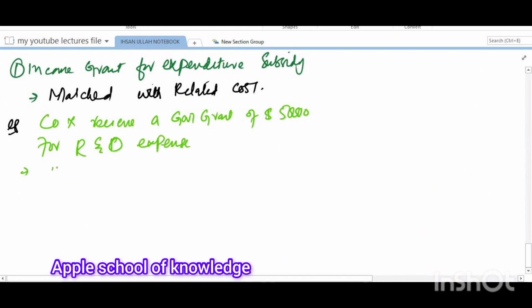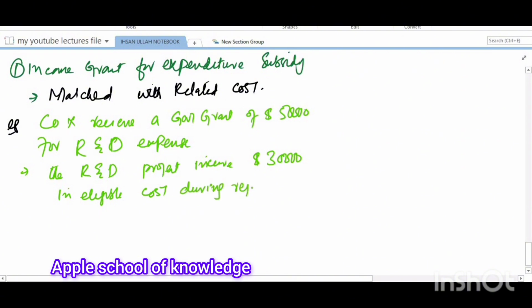Now, the research and development project incurred cost of, let's say, 30,000 in eligible cost during the reporting period.